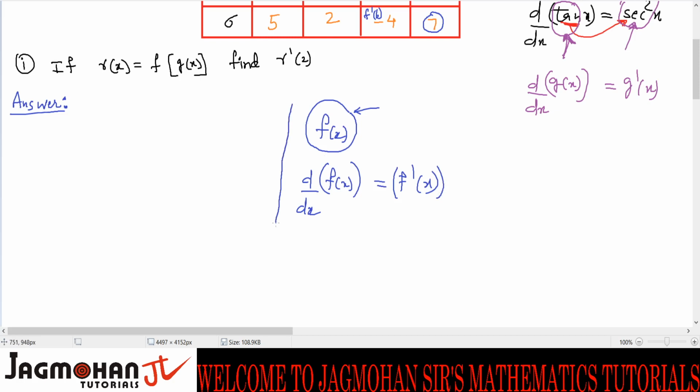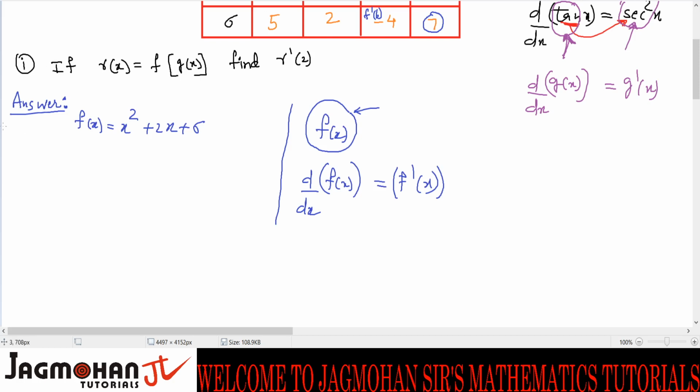For example, suppose you are given f of x as x square plus 2x plus 6. This is an explanation for the reference.